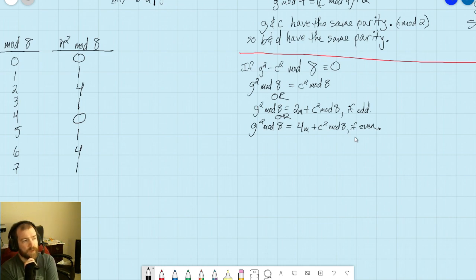I think you could also come up with an interesting proof using modular arithmetic. Maybe.